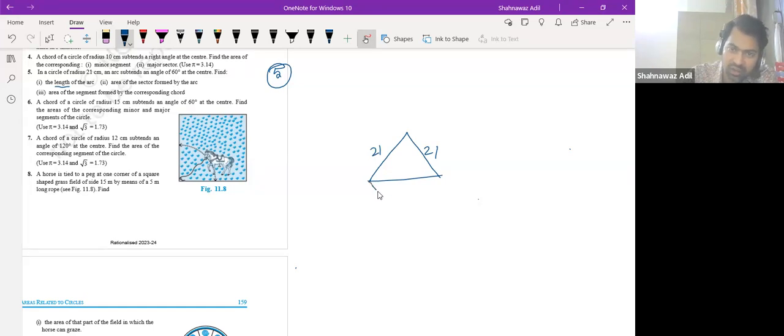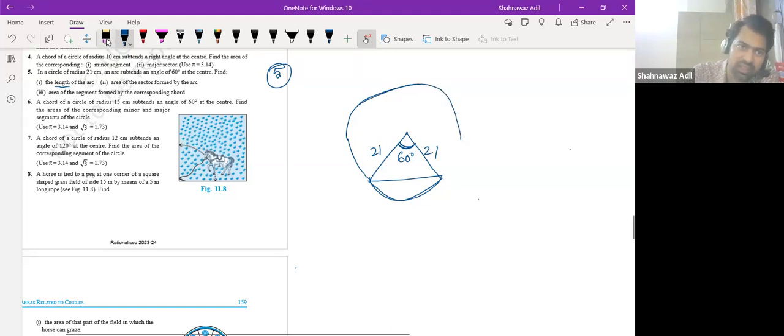This is the arc, and this subtends an angle of 60. Find the areas of the corresponding minor and major segments of the circle. So in this question, we have to calculate by drawing it. Very good.